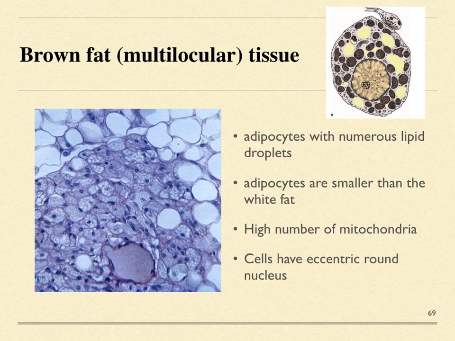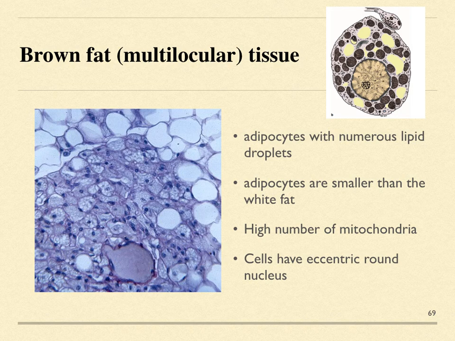So after tissue processing, you can find several empty spaces inside the cytoplasm, and also here in the cytoplasm there are a high number of mitochondria. So together these several empty spaces after tissue processing and high number of mitochondria give the brown appearance to the fat tissue, and so we call that the brown fat tissue or brown adipose tissue.